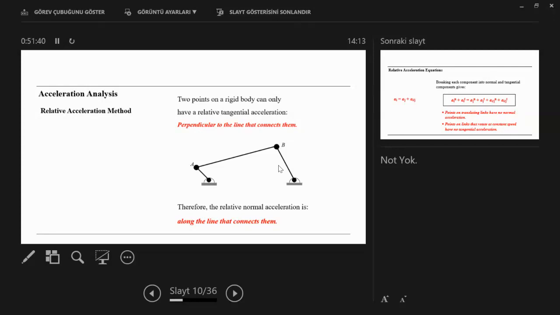I did it in the past. I wrote a big program for the kinematics and kinetics. It was many years ago, and at that time we didn't have such sophisticated software.